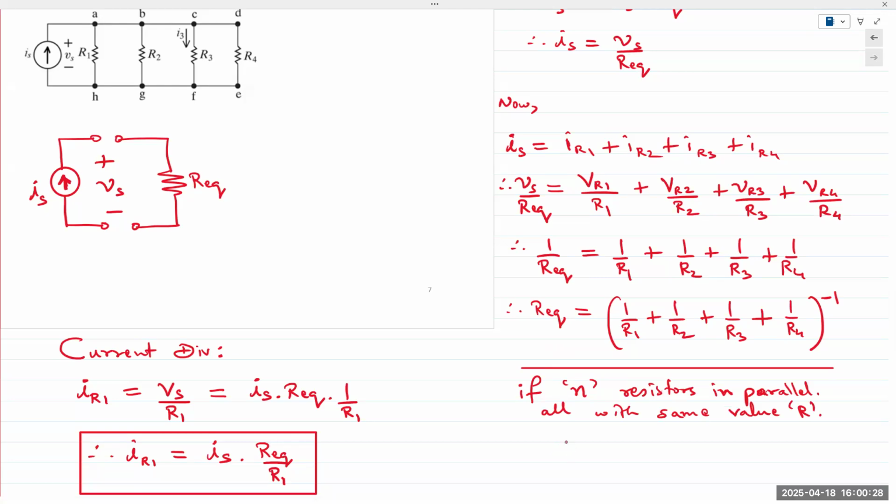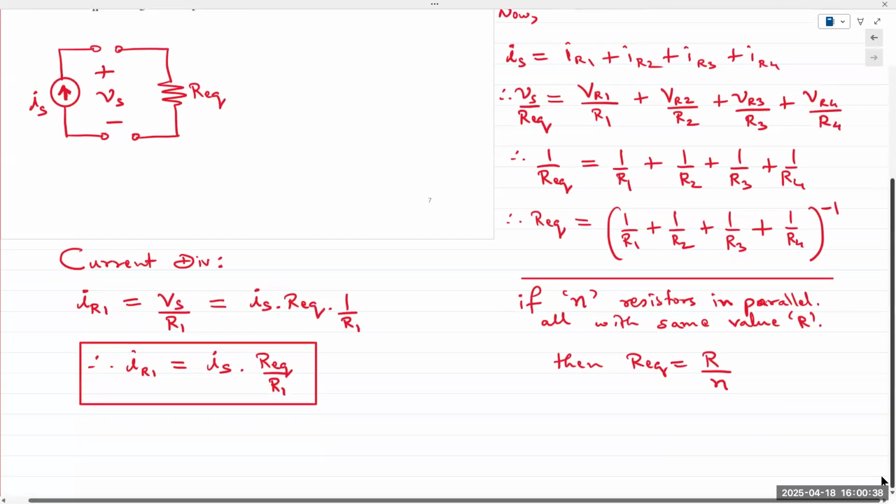Anyone know this? REQ is R divided by N. If you have two resistors in parallel, same value, 20 ohms in parallel with 20 ohms, REQ is 10. If you have three resistors in parallel, 30, 30, 30, REQ is 10.